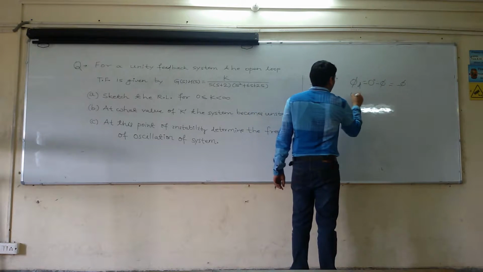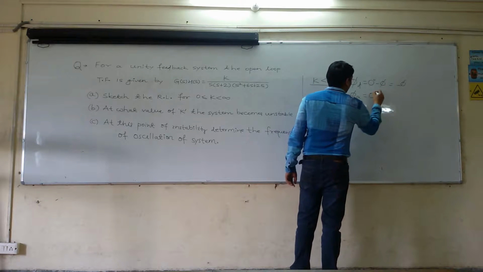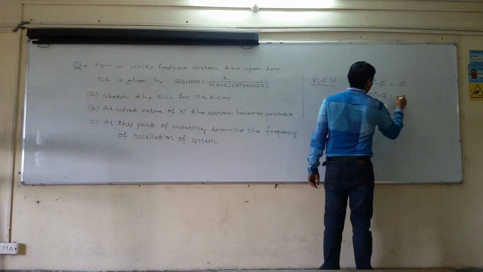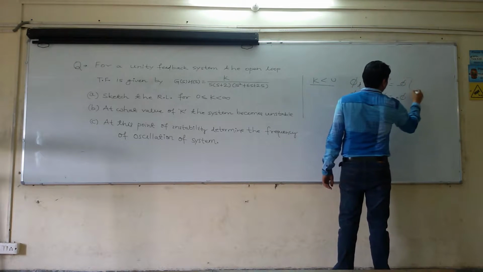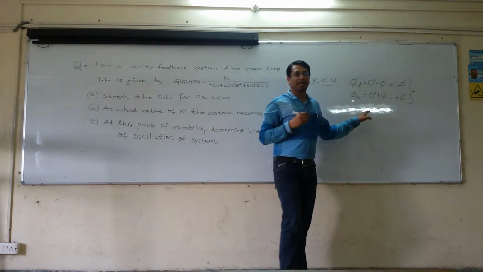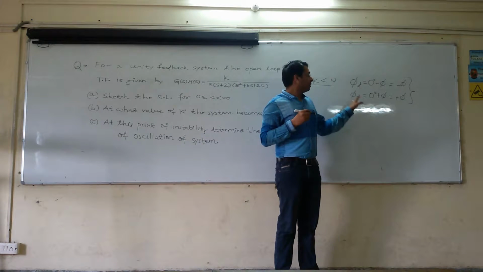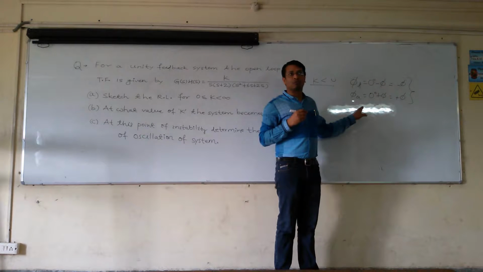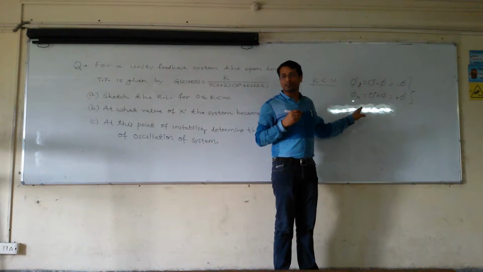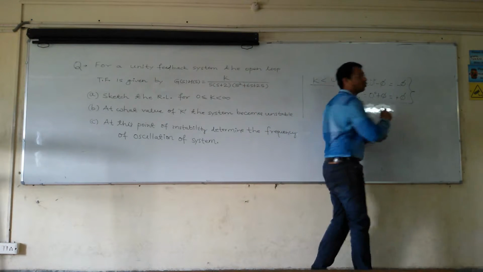And phi a will be equal to 0 degrees plus phi, that is, once again plus phi. These are the angle of arrival and angle of departure for the inverse type of root locus. Correct? So I hope you remember this formula and these rules.